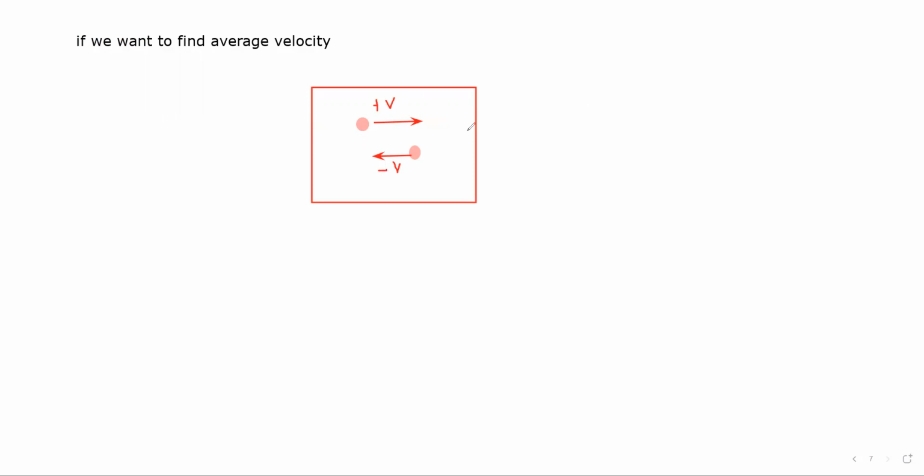If left is positive, right is negative. If right is positive, left will be negative. When I take an average velocity here, it will be plus v, then the second one is minus v, divided by 2, because I'm taking two values. So it will be v minus v divided by 2, and v minus v is 0. So 0 divided by 2, I should get 0. The kinetic energy is 0.